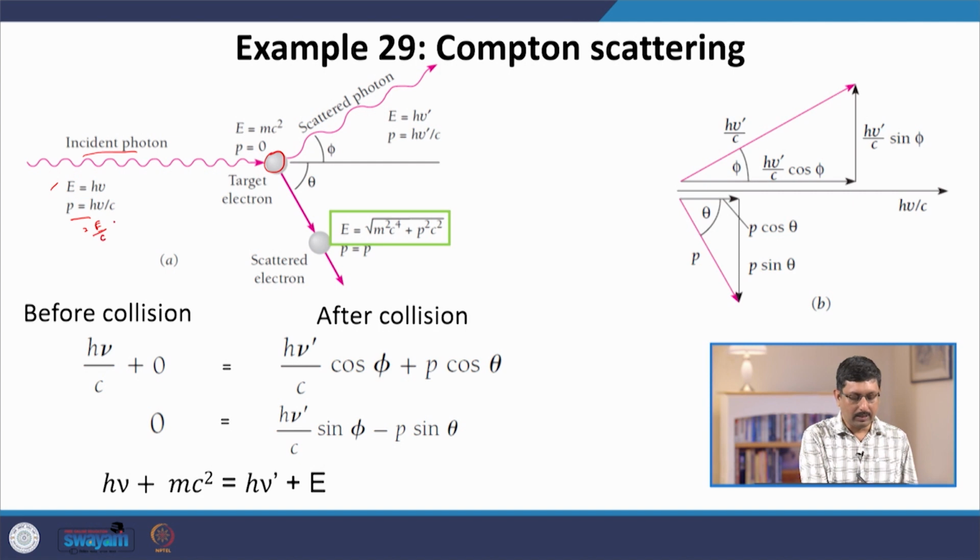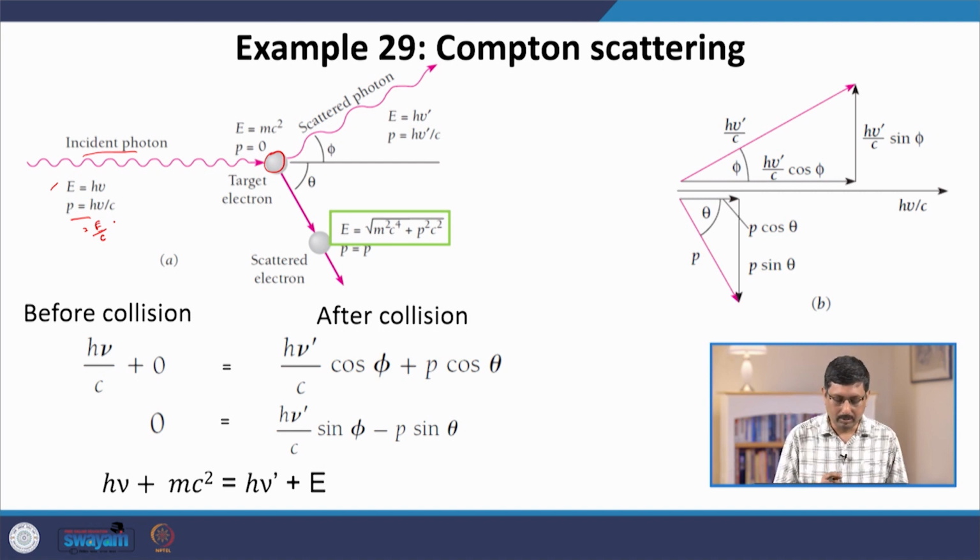This is the relativistic expression for the momentum of a particle. Note that the concept of momentum is now generalized to include photons, which are massless particles. We cannot take momentum to be mass times velocity because photons carry no mass, but they carry energy, and you can write the momentum in terms of the energy.